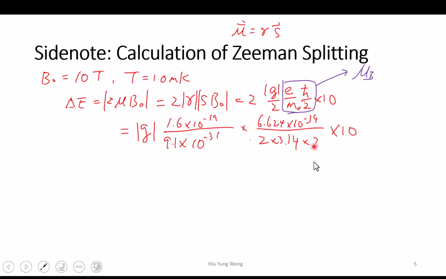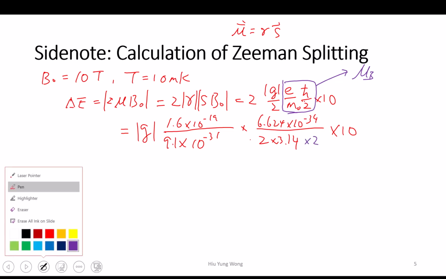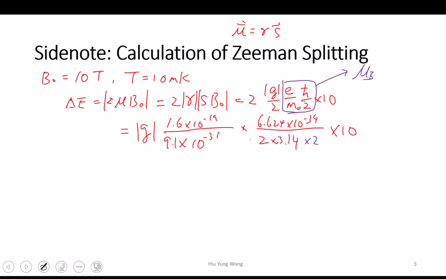I forgot about the whole thing, G. Oh, the whole thing times 2. No wonder. Thank you. So this one gets cancelled by this one. 2 times 2, 2 divided by 2, yeah. So I still have a 2 here, right? So I think I missed something. Maybe you go back and redo the calculation to make sure.